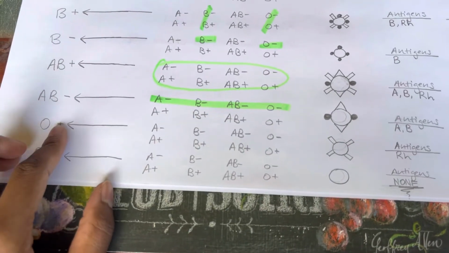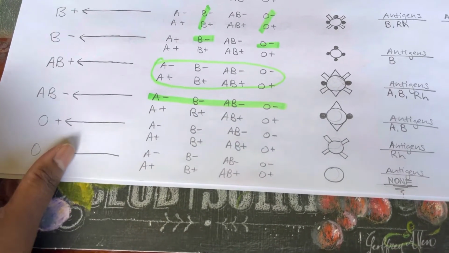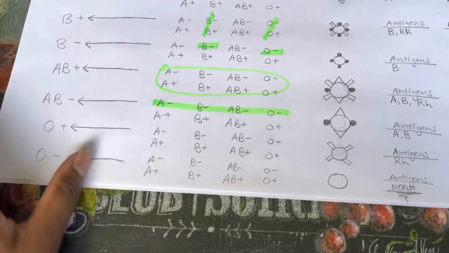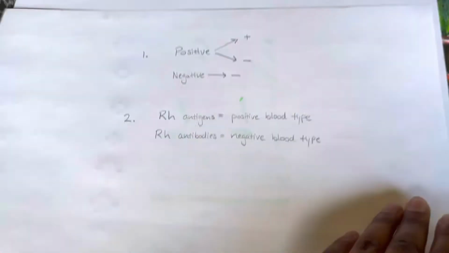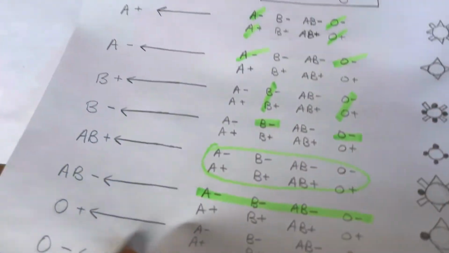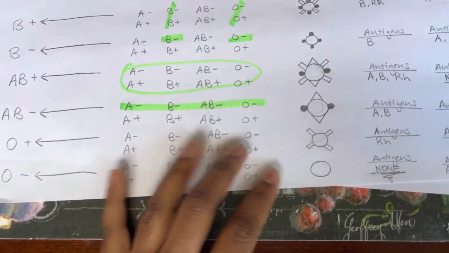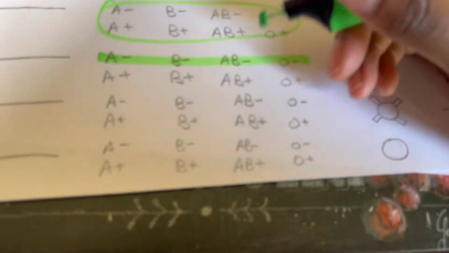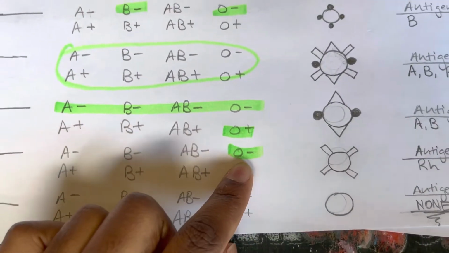Because remember, positives can receive both negative and positive blood type. That was one of the little rules I wrote. All right, so the right answer for this is O positive and O negative.